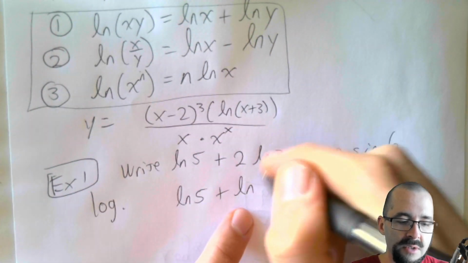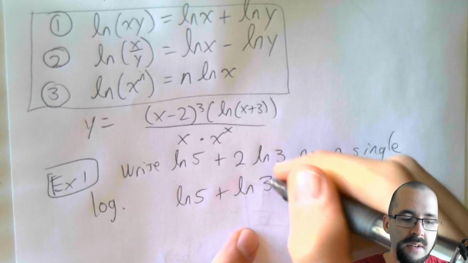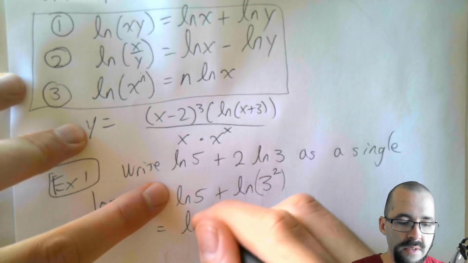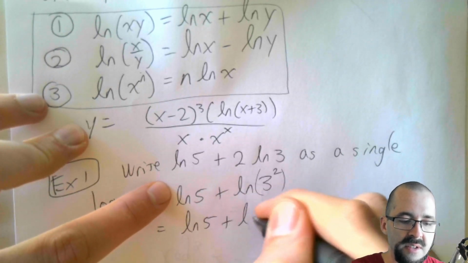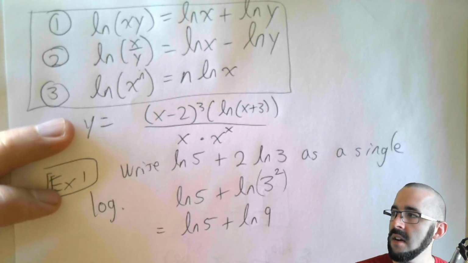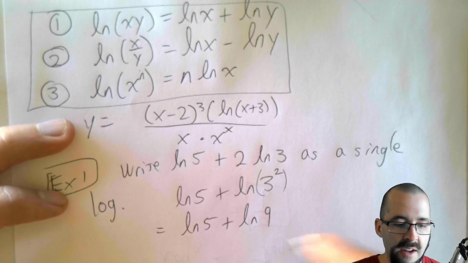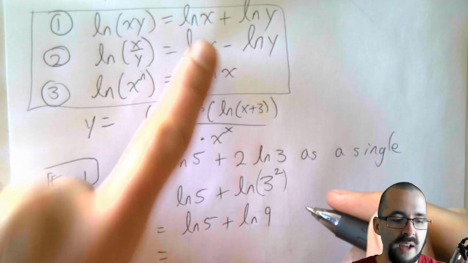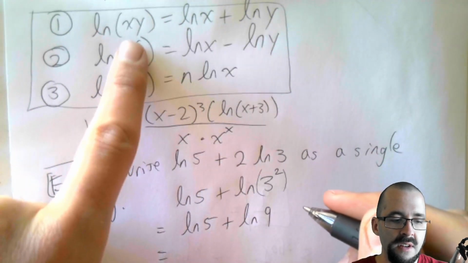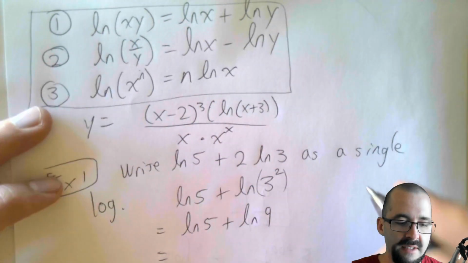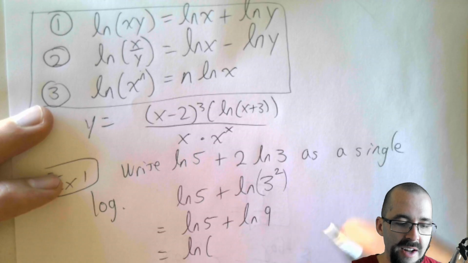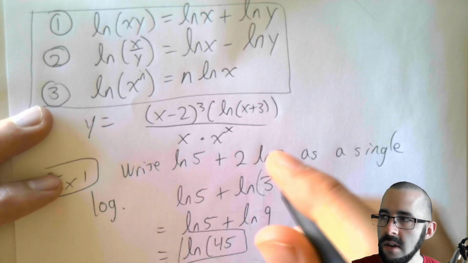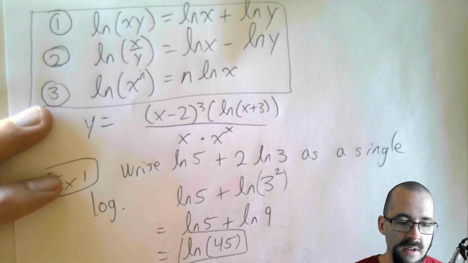So this will become the natural log of 3 squared. Well, 3 squared is 9. So we have the natural log of 2 things added together. We go backwards and say, okay, if we have 2 natural logs added together, we multiply their insides. The natural log of 5 times 9, which is 45.